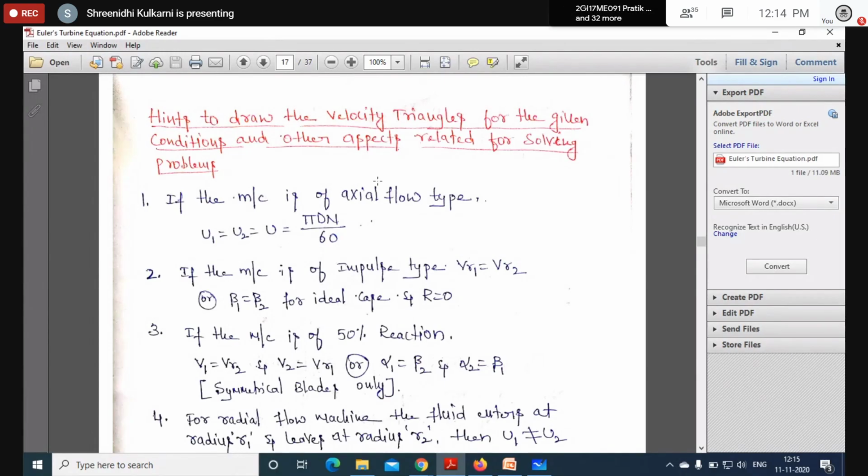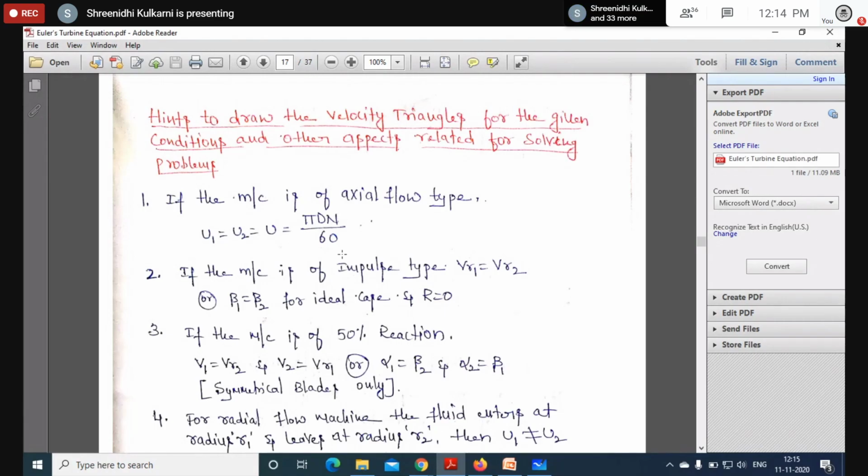But here they gave axial flow type. Axial flow type means whatever the diameter or radius, it is falling on the same line, parallel to the axis. So that's why D1 will become D2, D1 is equal to D2, and so U1 will become U2. So we will get pi D N divided by 60. Suppose we have different radius or different diameter D1 and D2, we'll get the formula U1 equals pi D1 N divided by 60, U2 equals pi D2 N divided by 60.